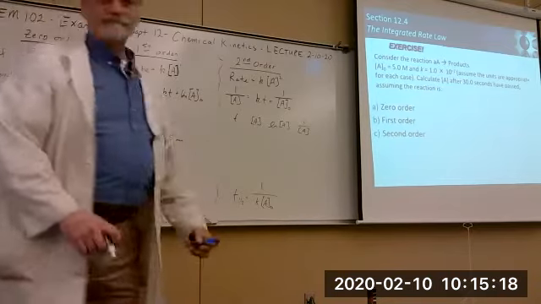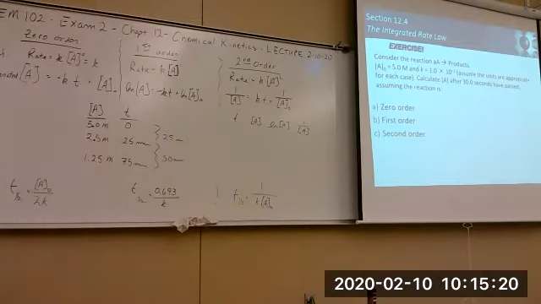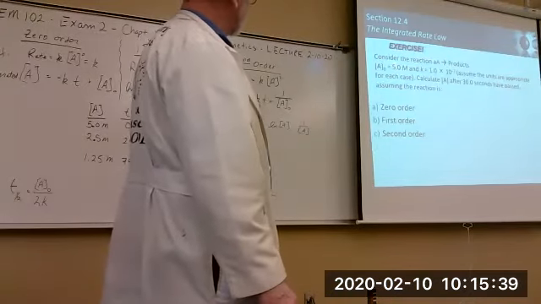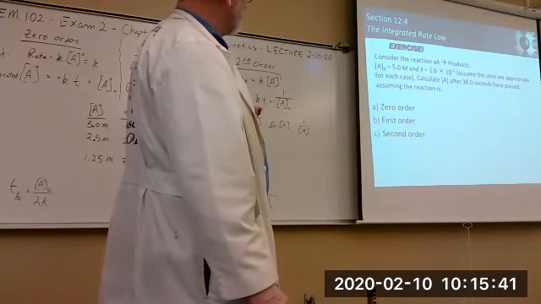Okay, so let's see, this is another, oh, here it is. So what we're saying here is, this reaction, we start off with 5 molar, and our K is this value.